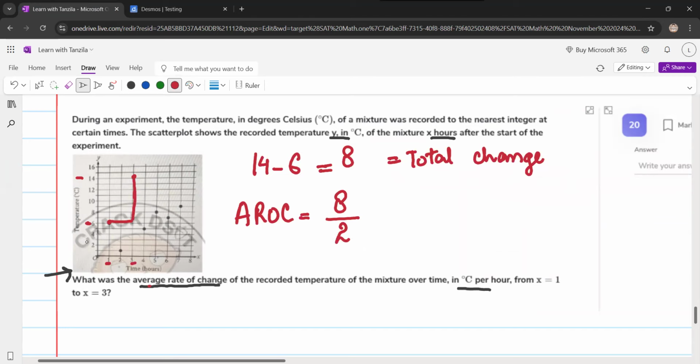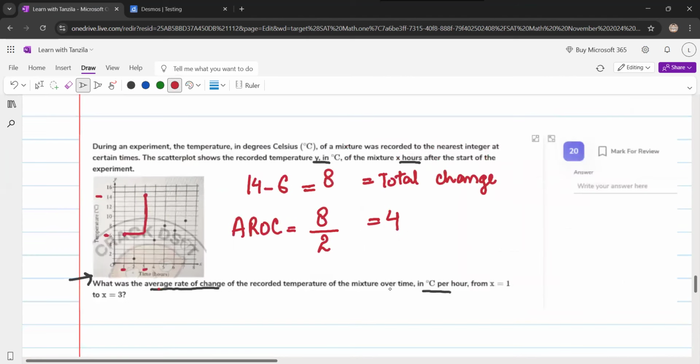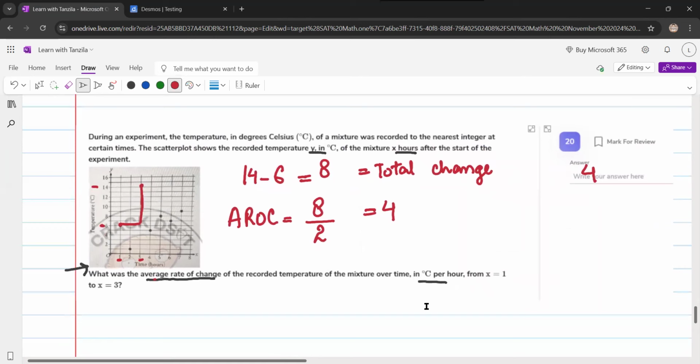So we divide by 2, and the answer is 4. A 4-degree change in 1 hour, 4 degrees per hour. That is your rate of change. So the answer is 4, not 8. I have seen a lot of students writing 8 as the answer, but average rate of change means per hour, per something.